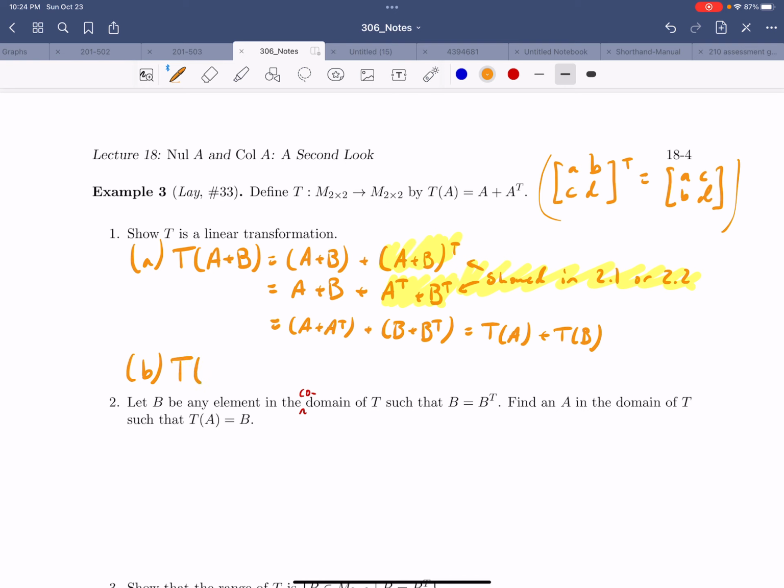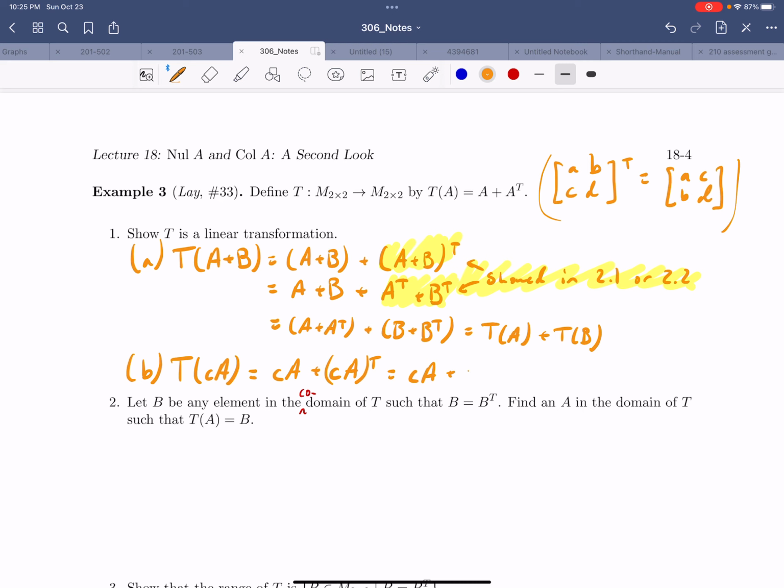Now the next part is we show that T of C times A equals C times T of A. Well, this is going to give us CA plus the transpose of CA, right? We're just plugging in CA for A. It turns out, I think you can see this, that if you multiply a matrix by a scalar and then transpose it, it doesn't matter whether you multiply by the scalar first or after you transpose.